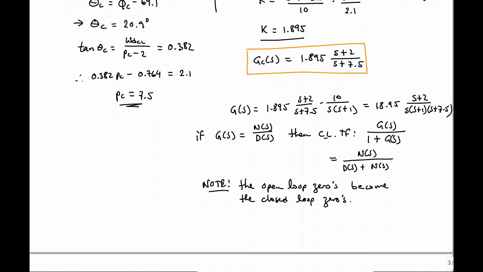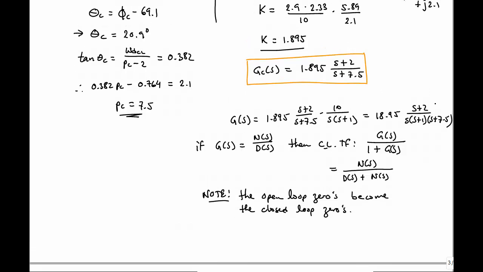But in the second case, notice that our transfer function here does have a finite zero. So what will happen is that in the second case, G of S is going to be equal to some constant times s plus 2 over now whatever our denominator is. So we've added a zero in the numerator.